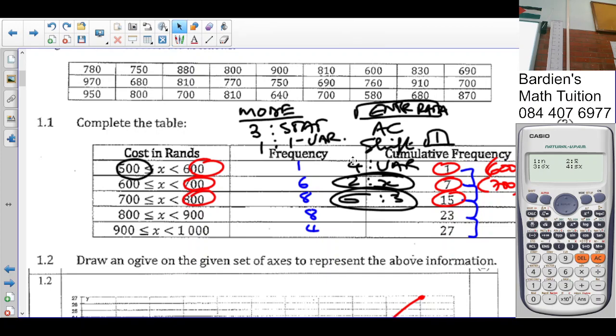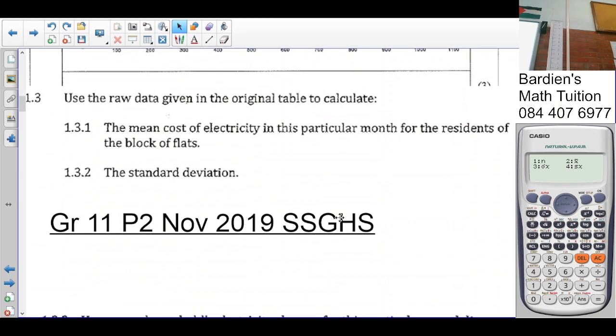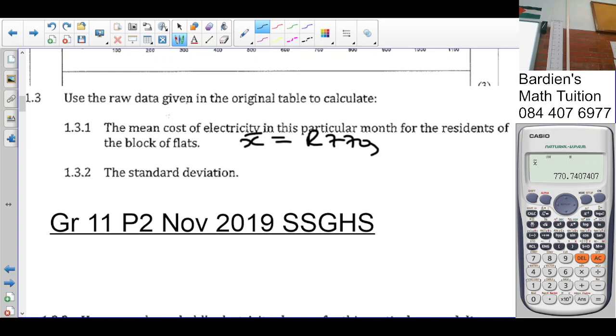Okay. So we work out your mean here. Your mean will work out to be 770 rands and 74 cents. Not so.